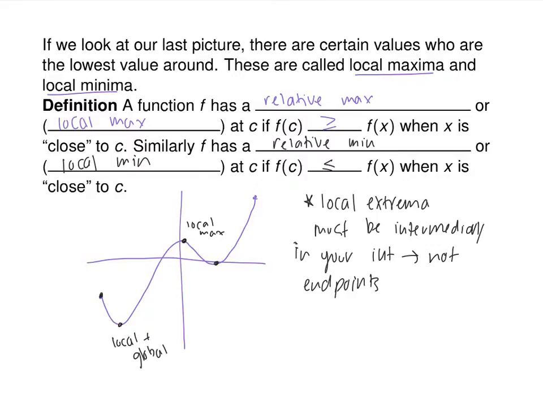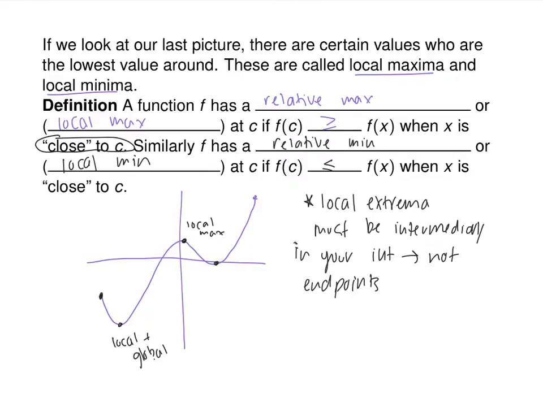But the kicker, and I think certain textbooks actually do say that endpoints can be local extrema. I think they define close in this textbook as an open interval, and so you can't make an open interval around a closed point, although with certain topology you can. So anyway, just in this textbook, local extrema don't happen at endpoints. Okay, just in the middle, that's the thing to remember. Because you could make it happen, but it's just quite technical, it's not really worth your time.